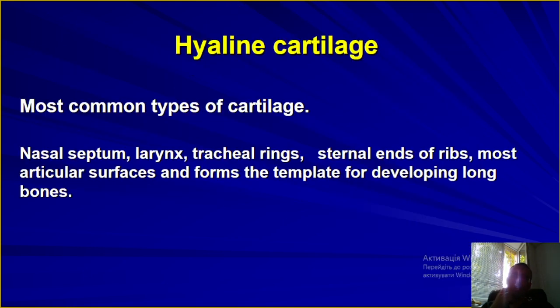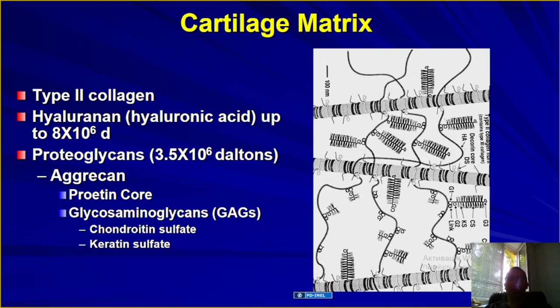So hyaline cartilage is the most widespread type of cartilage in our body. It consists of cells such as chondrocytes and chondroblasts, and extracellular matrix, which is mostly composed of collagen, the second type of collagen.